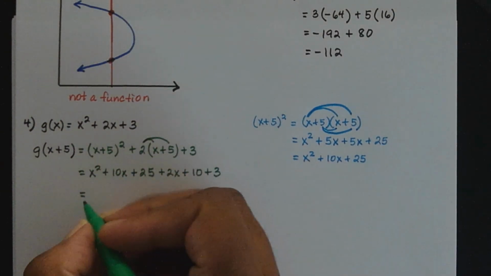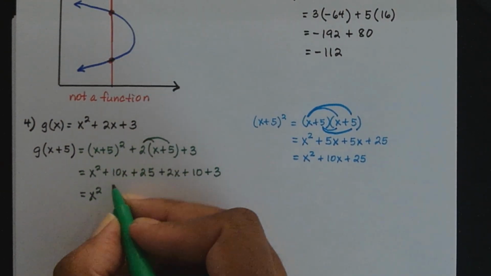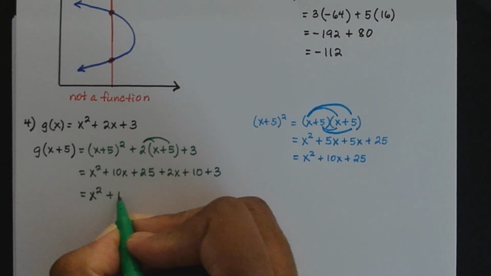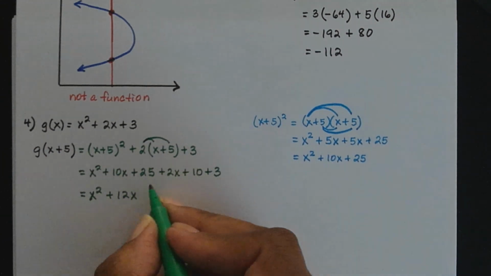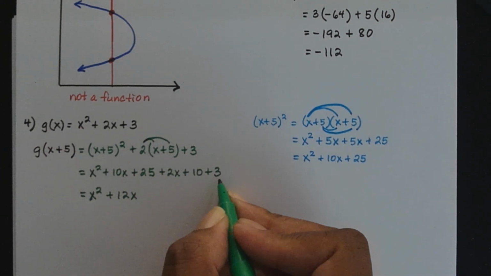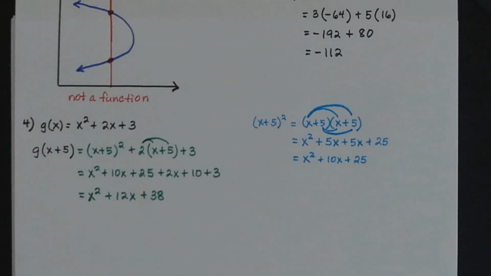There's nothing to combine with the x squared, so we bring that down. 10x plus 2x will be plus 12x. 25 plus 10 plus 3, add those together, you'll get 38. So this is what g of x + 5 will end up being: x squared plus 12x plus 38.